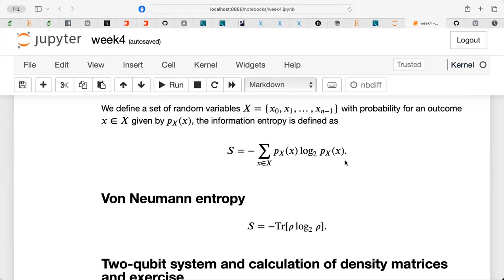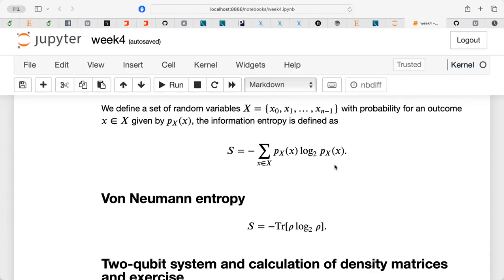So if you know that you are exactly in a given state, then we know that the probability of being in that state is equal to 1. And then the entropy is exactly equal to 0. So the entropy gives you a measure of unlikelihood. So if the state is well determined, we know that we are exactly in that state, then the entropy is exactly equal to 0, because the probability of being in that state is exactly equal to 1.